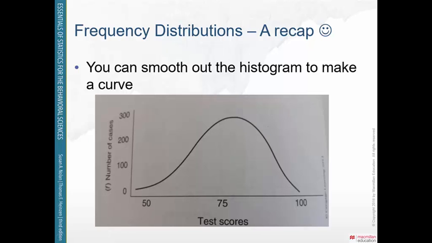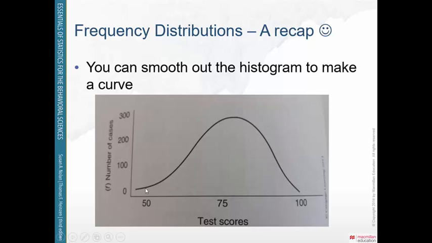Now, you can smooth out the histogram to make a curve, and from now on in this class, we're going to be looking at curves that look a lot like this. These are histograms. Down here is, in this case, test scores. We had quiz scores on the last slide. On the y-axis is frequency, or number of cases. What we've done is just smoothed out the bars from a histogram to make a curve.